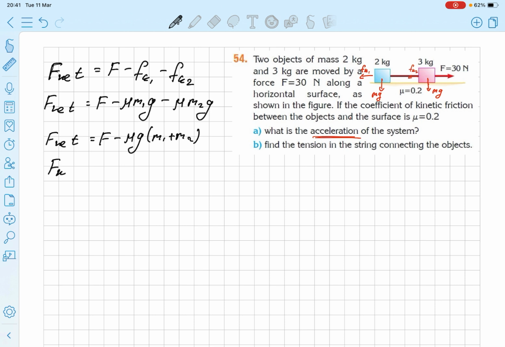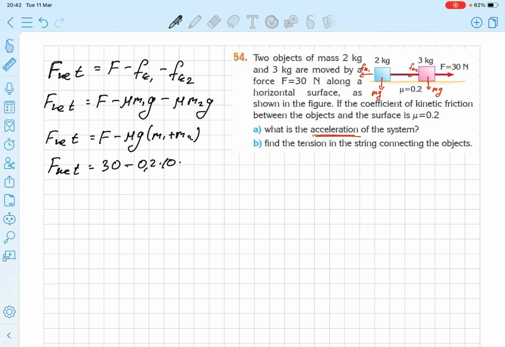Let's define it. So F net will be equal to 30 minus 0.2 times 10 times the sum of the masses, which is 5 kilograms. So it is 30 minus 0.2 times 10 times 5, which is 10. It will be 20 newtons. So the external force is 30, but the net force is 20 newtons.